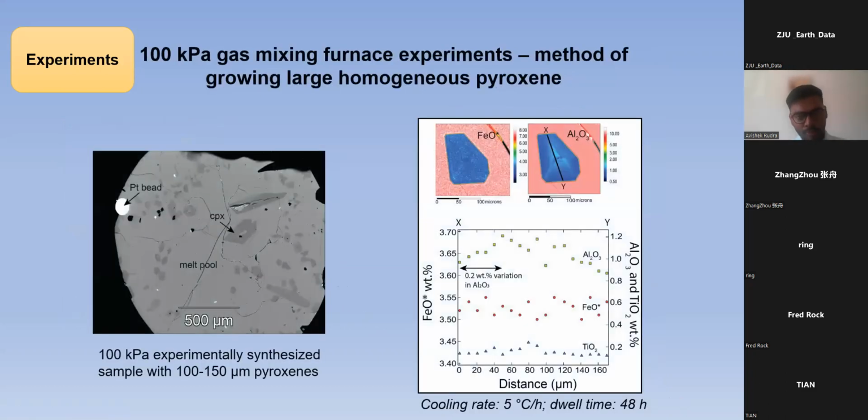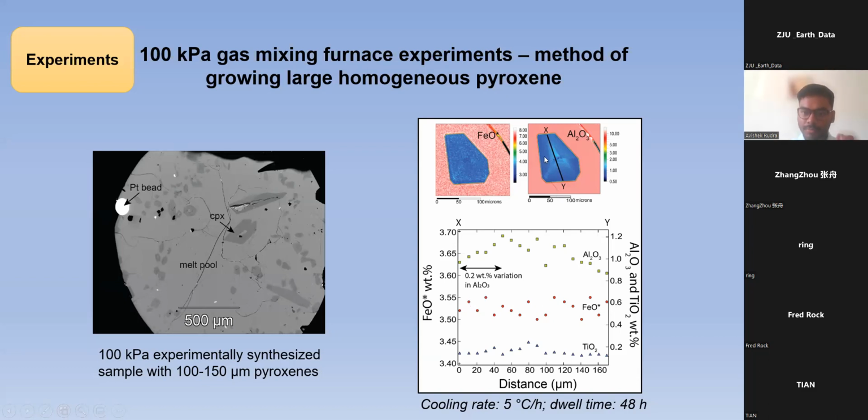But what we eventually succeeded to do was experiments where we cool down the system very slowly, 5 degrees centigrade per hour, and with a long dwell time, we were able to grow relatively homogeneous pyroxenes, which had thick homogeneous rings where the variation of aluminum, iron and titanium is very low.